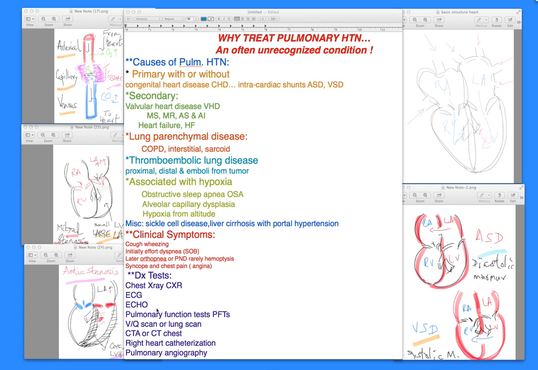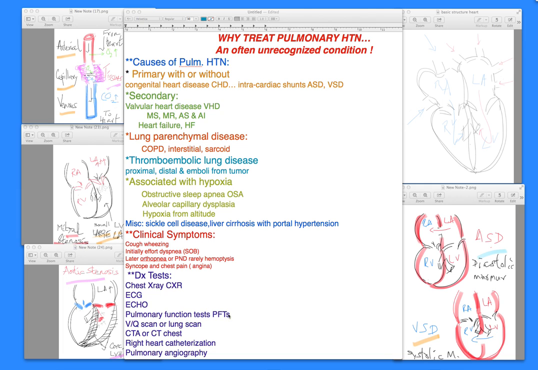The echo will define the right-sided pressures as well as the left-sided pressures for you, and will also define whether there is any cause from the valves, like I've shown in this case, mitral stenosis in the left middle panel, and in the left lower panel, as I said, the aortic stenosis, where the aortic valve is stenosed. So you could have mitral valve disease or aortic valve disease resulting in pulmonary hypertension that could be easily diagnosed by a simple echo within a few minutes.